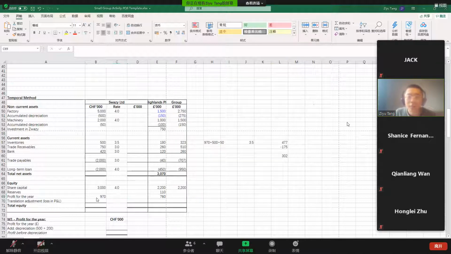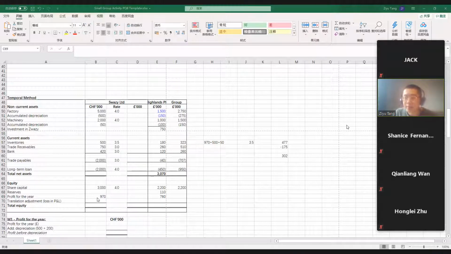Because we don't know the exact date that we get our revenue or accept the cash from our customers, we assume that the revenue is made smoothly during this year. So we use 3.5, which is the average exchange rate, to represent the average historical rate of profit, okay?